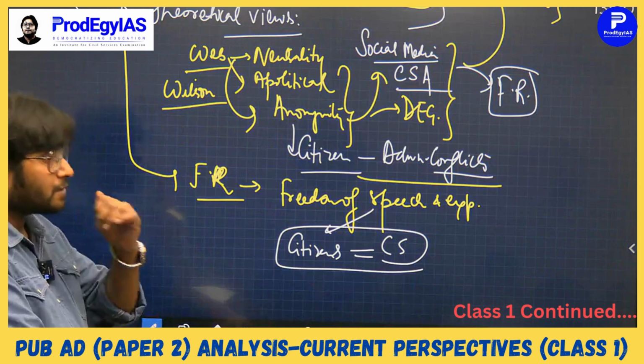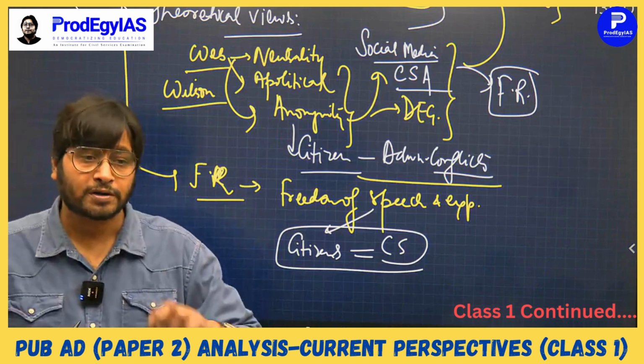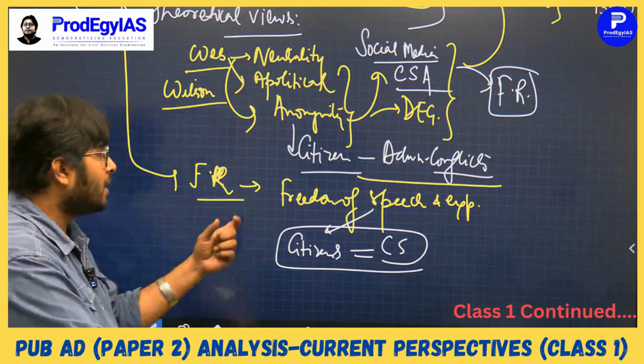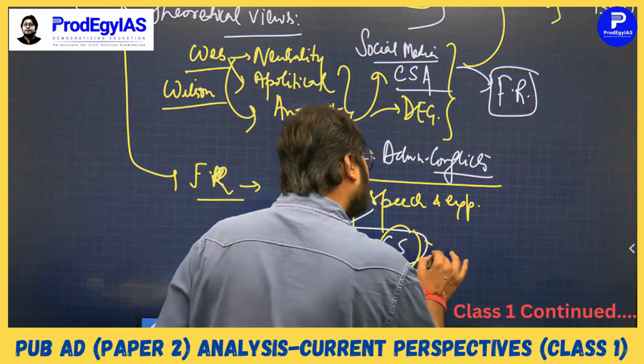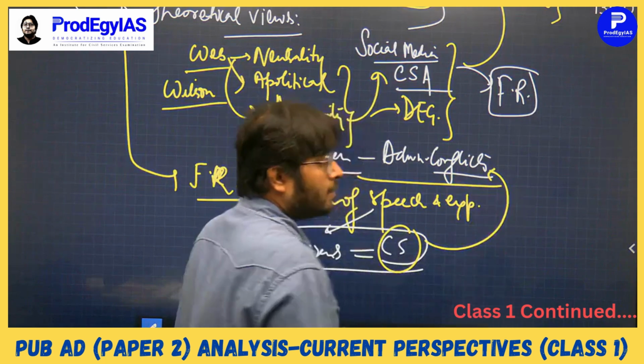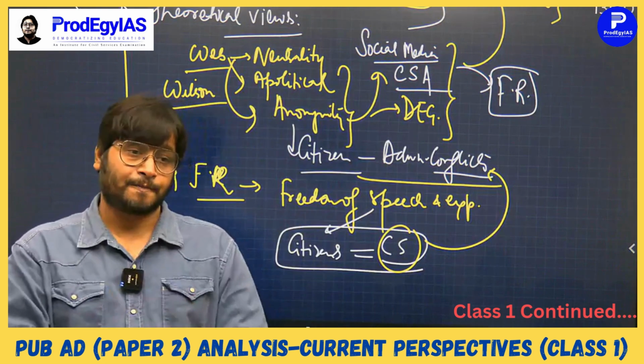Now stop. So fundamental right है, constitutional values है, right? But see how they have manipulated this area. So is it equivalent to civil servants, right? Do civil servants also need the similar protection of fundamental rights as the citizens, right?